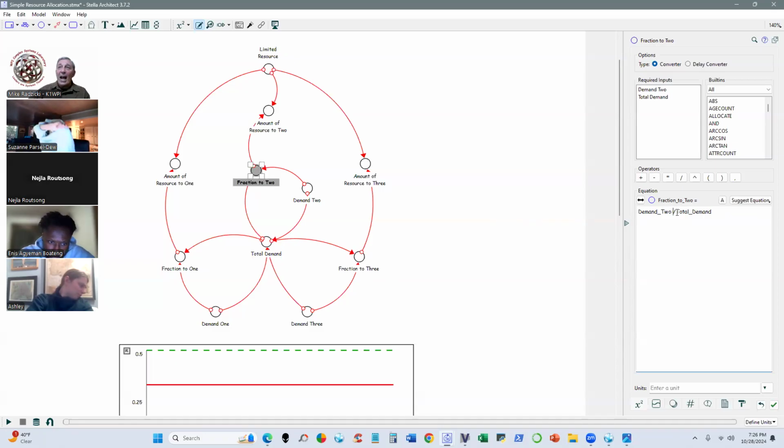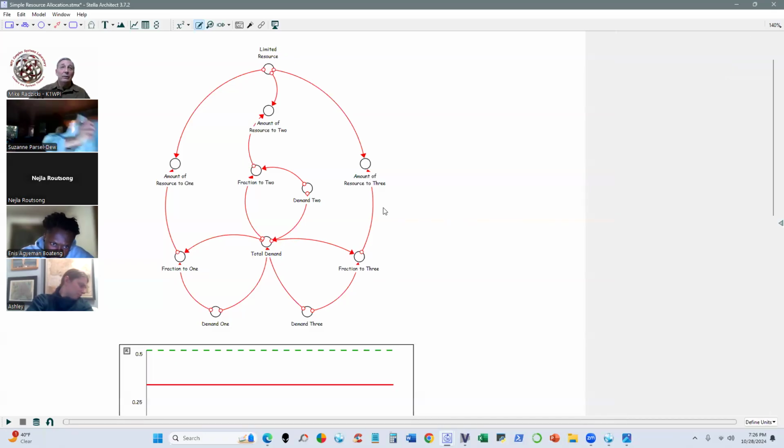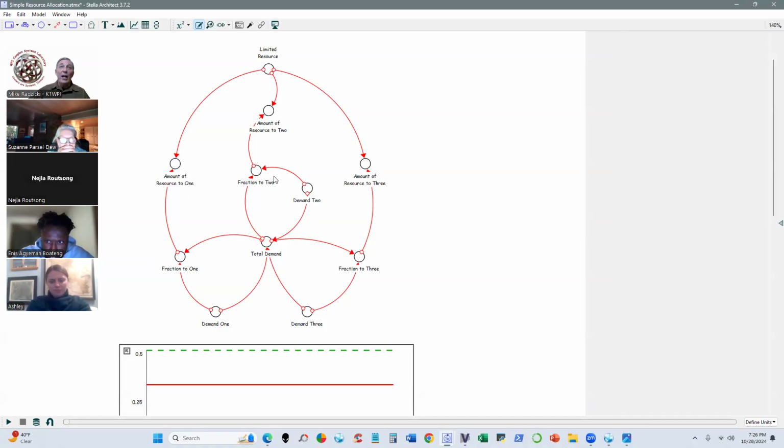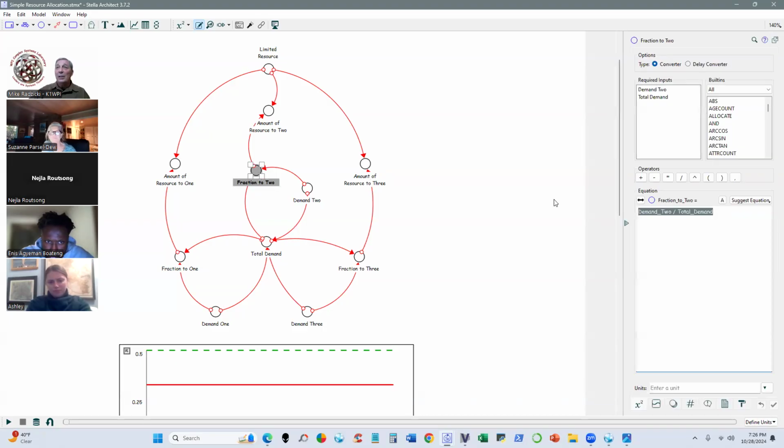But then you get the fractional allocation. Fractional to 2, to 1, and to 3. And then you multiply the fraction times the limited resource. So here's the fraction to 1 times the limited resource, right? Fraction to 2. Here we go.